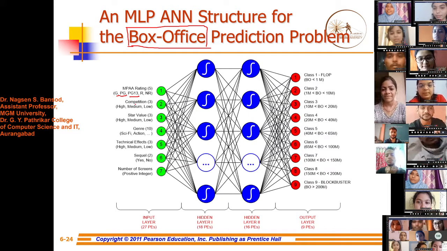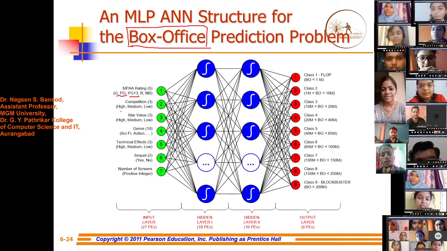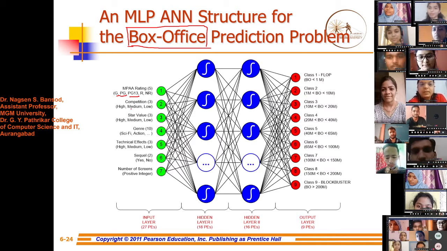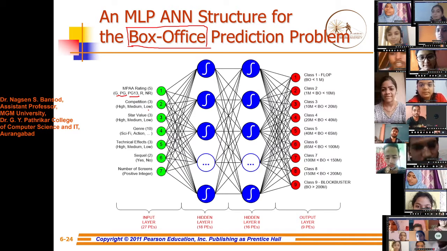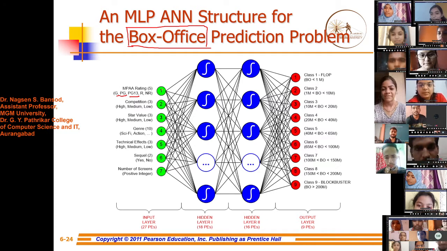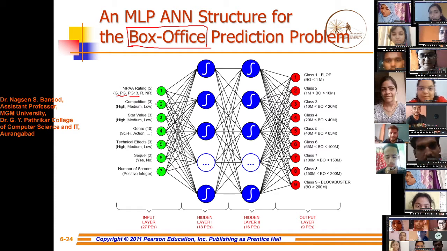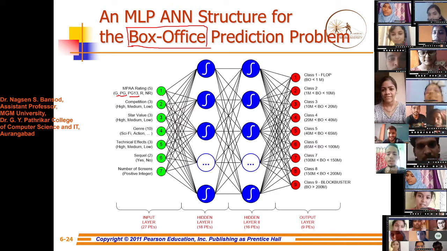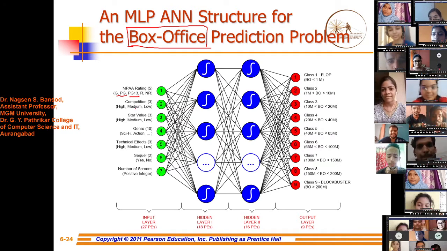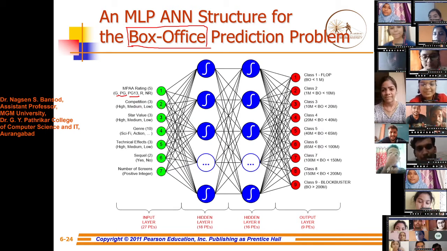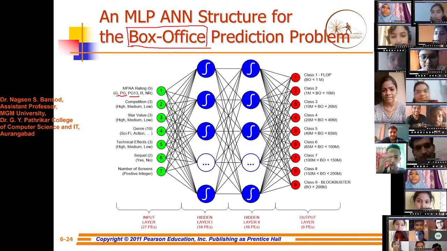The second input is our competition. High competition, medium competition, low competition: meaning how many theaters are there in the city, and how many competitors to our movie. This value we will provide as the second input.